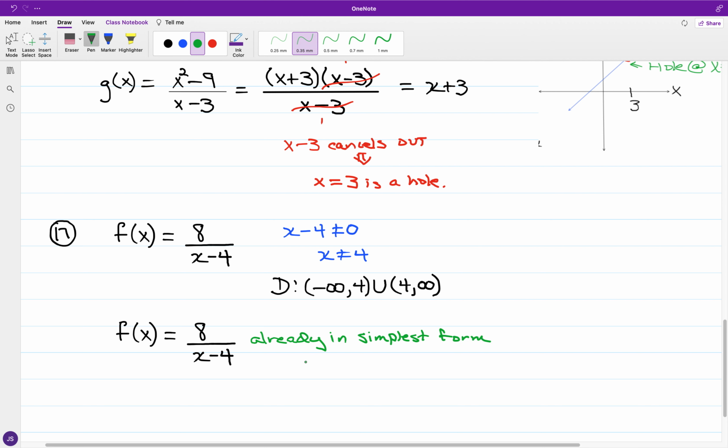And since it is, x minus 4 remains, as opposed to canceling out completely.